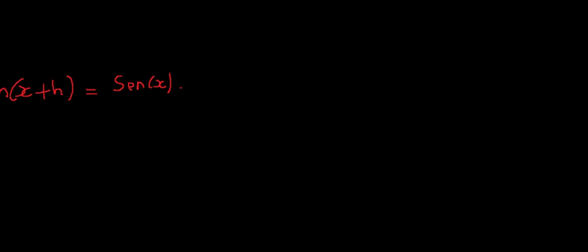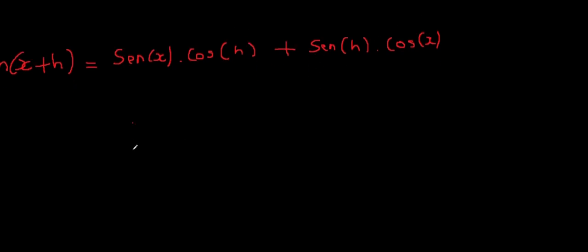We read cosine in place of h: sine of h multiplied by cosine of x. Okay, we apply this.